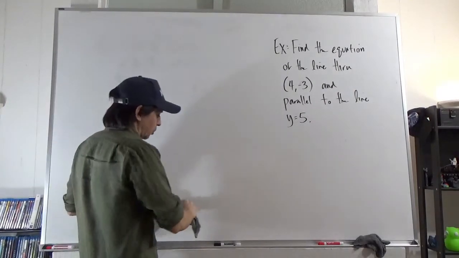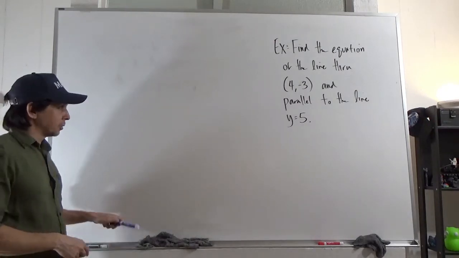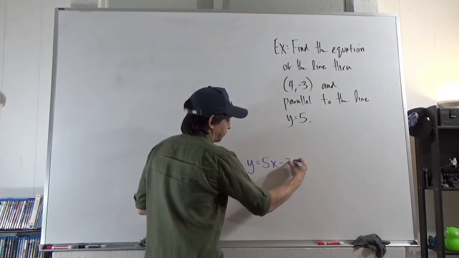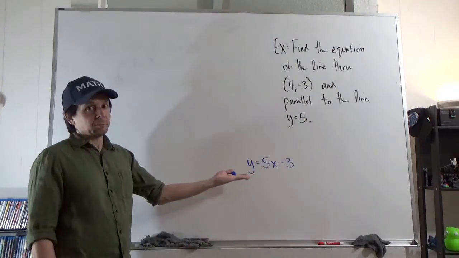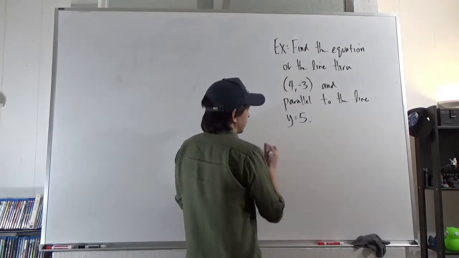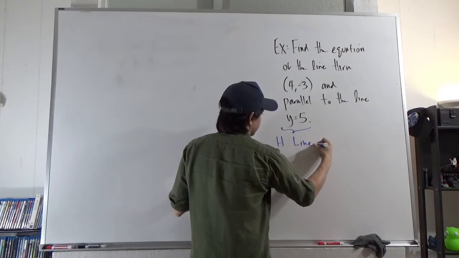Because it's not y = 5x plus something, there's no x involved. If you have y = 5x - 3, the slope of that line is 5 because that's the coefficient of the x. This 5 is just a constant. This is a special case. That is a horizontal line.